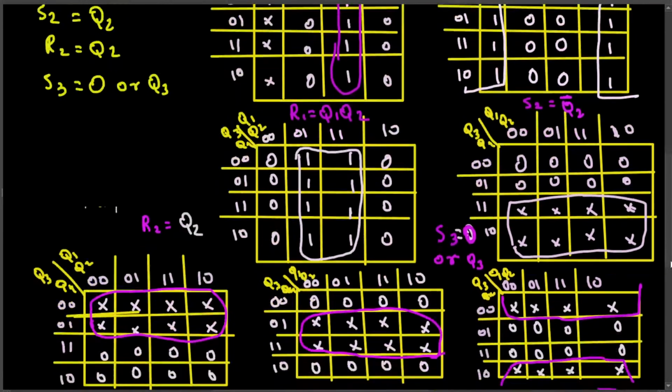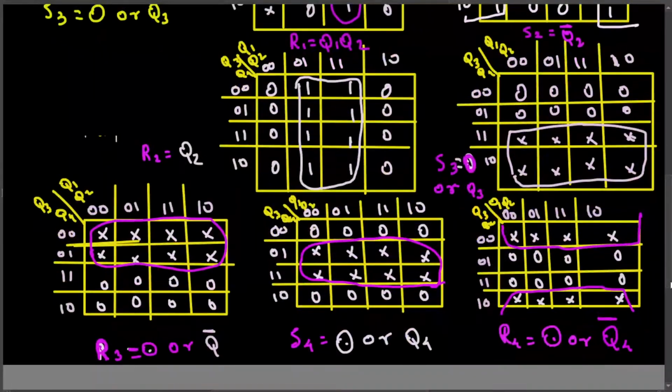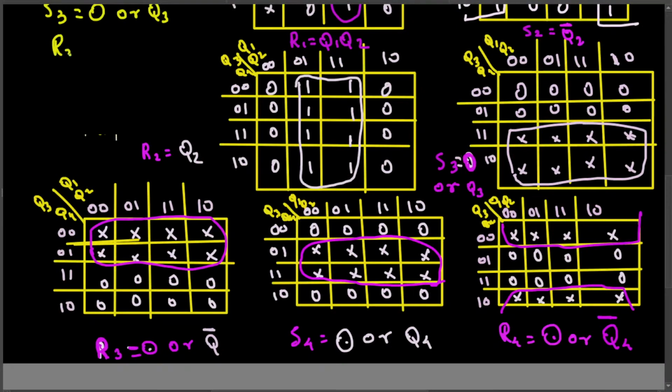And for S4, S3 and R3 also there. R3 we got 0 or Q not. And this is which one? Q3 not. This is Q3 not.